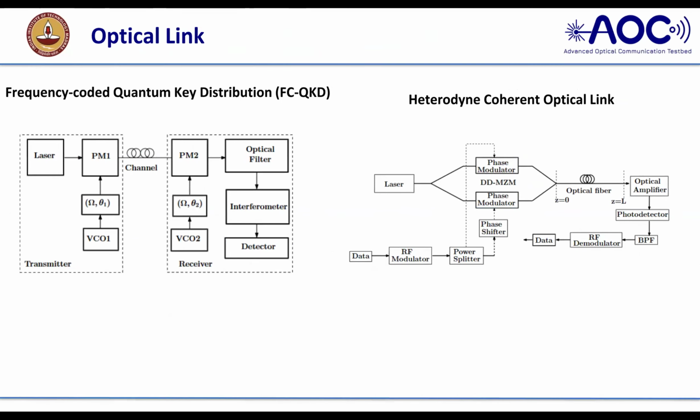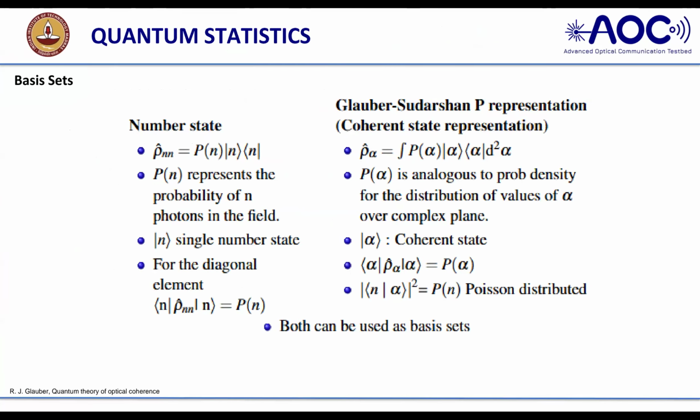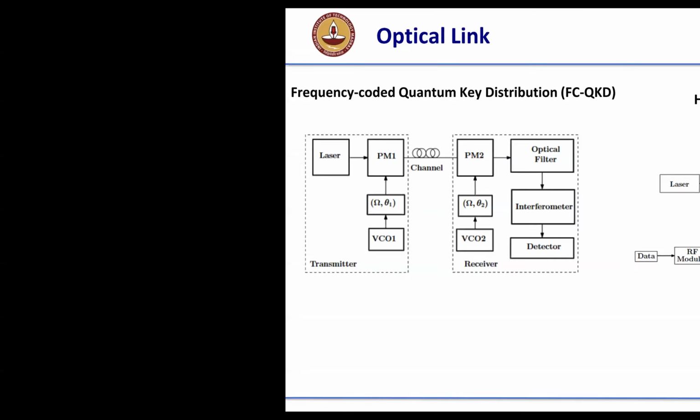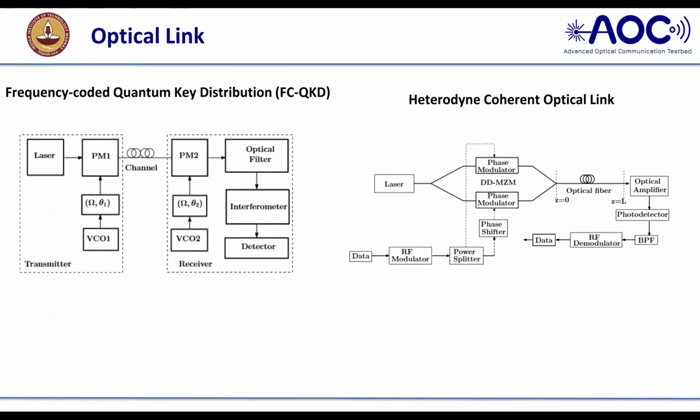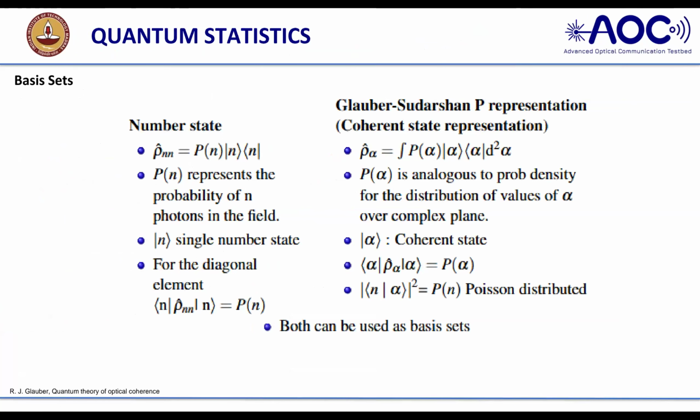Okay, I hope the takeaway point from the above talk is clear. In optical links, we have the quantum picture to solve our optical link, and the semi-classical picture is there to solve the same problem.